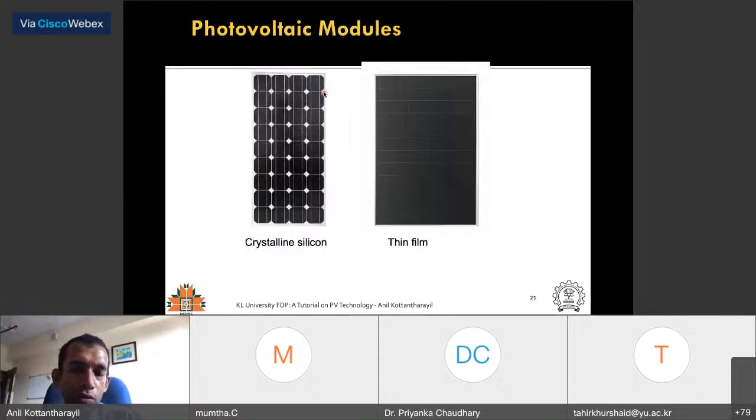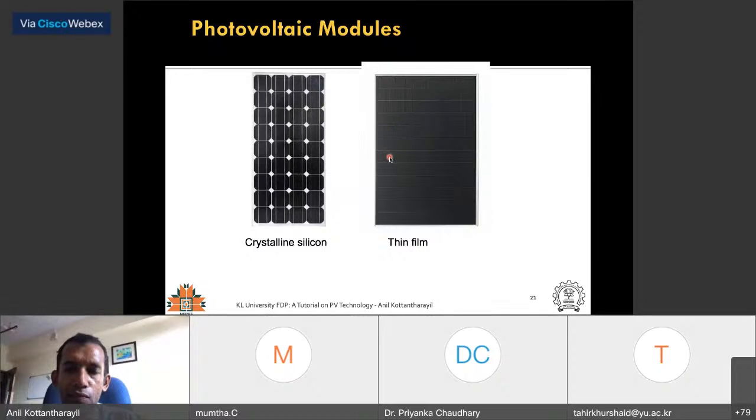Now, photovoltaic modules made of crystalline silicon typically look like this. These are the wafers, and you have the bus bars and so on. In this thin film, you may notice some lines here. These are the metal lines, scribe lines and so on. This also contains small cells connected in series.